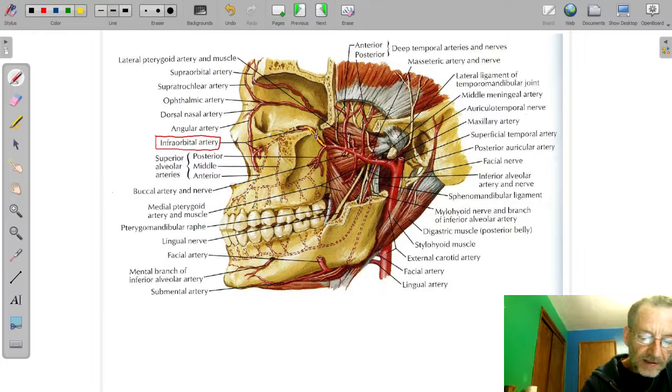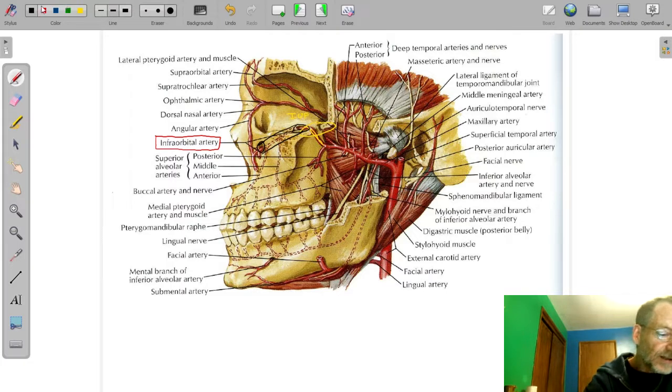And it enters through the inferior orbital fissure, IOF, enters the infraorbital canal. There's one foramen, there's the opening, there's the canal, and then the ASA and the MSA come off of that.